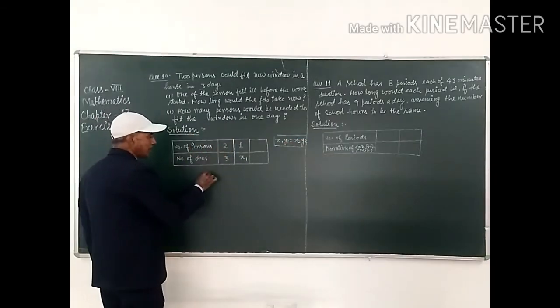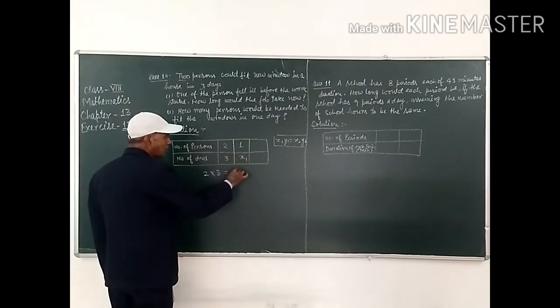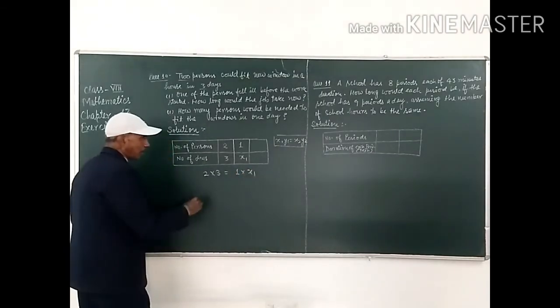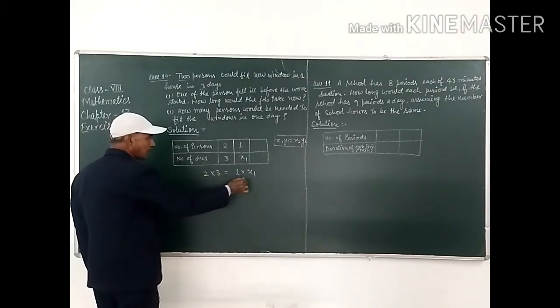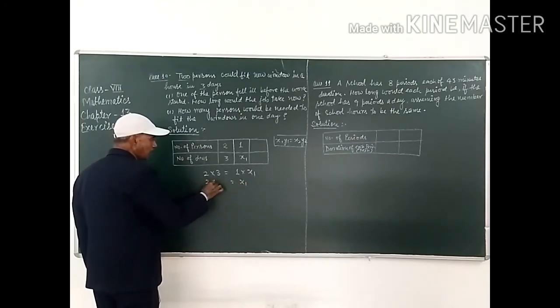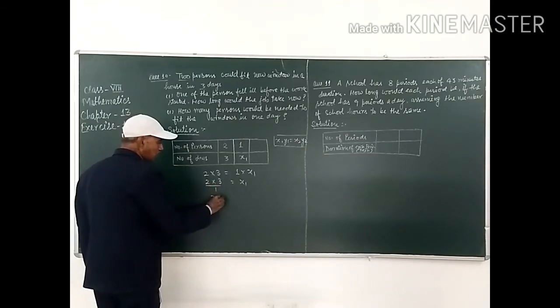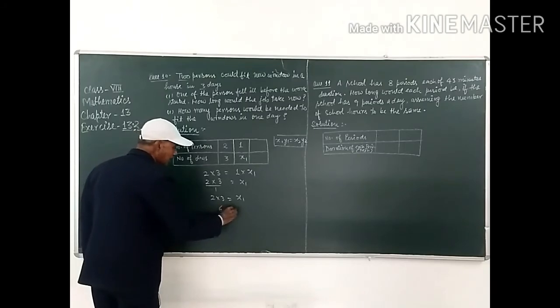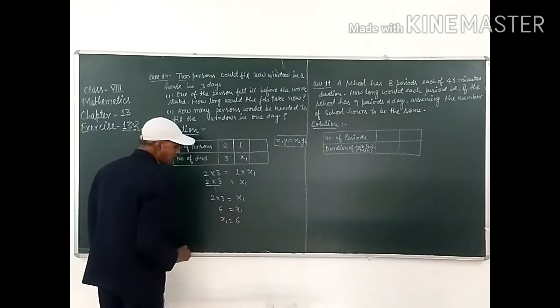So it will be 2 into 3 is equal to 1 into x1. Now x1 is equal to 2 into 3 by 1, or 2 into 3 is equal to x1, 6 is equal to x1, or x1 is equal to 6.